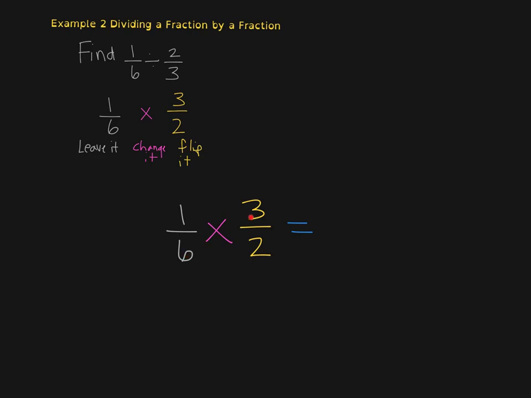But I have a 6 and a 3 here, so I can cross factor those, because 3 can go into 3, and it can also go into 6. 3 divided by 3 is 1. 6 divided by 3 is 2. Now I just go straight across. 1 times 1 is 1. And 2 times 2 is 4. And that would be my answer.